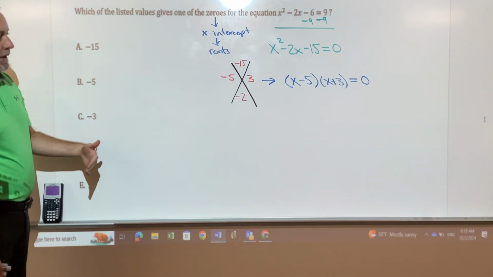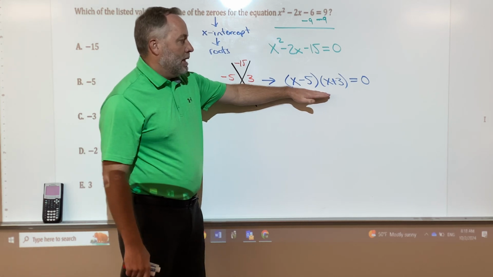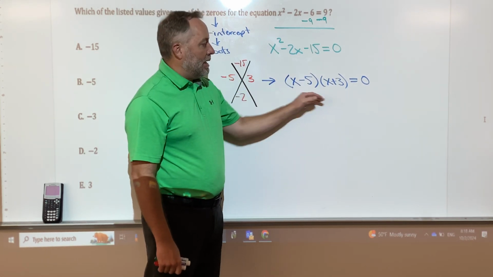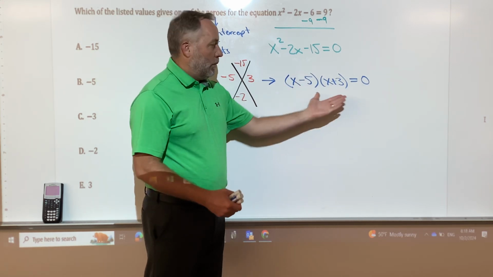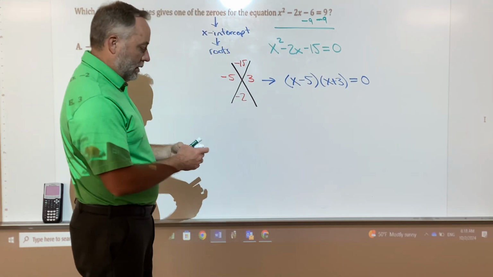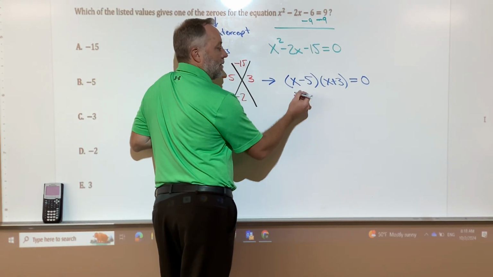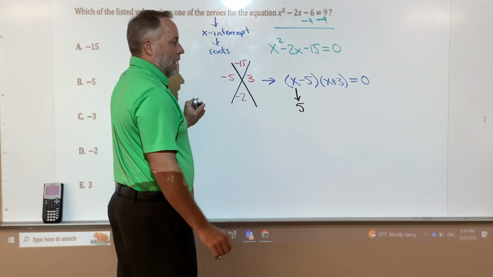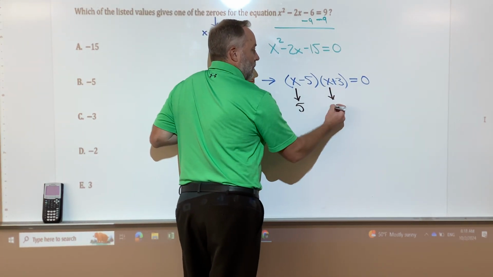So if I look at this, I have some value, this first parentheses, times another value, that second parentheses. If I can get either of those to equal 0, then 0 times the other will be 0. So I look at the first one and I say, okay, what value of x will make x minus 5 equal 0? And that's just 5. And what value of x will make the second parentheses 0?